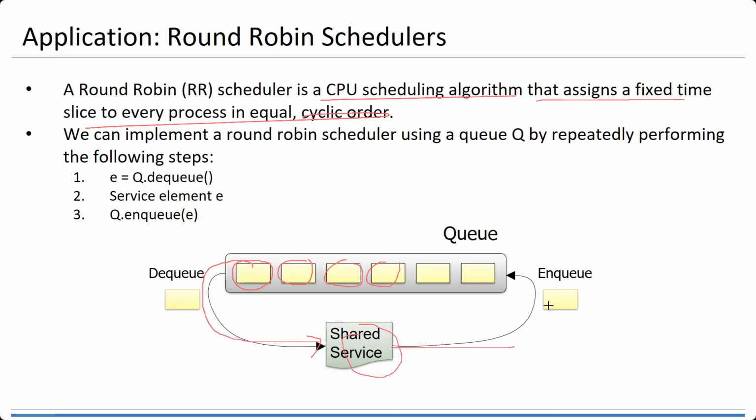After that, enqueue again, and then it goes back to this queue, and so on. So we call this the round robin scheduler. The implementation will be using dequeue and enqueue. Once you dequeue, it will go to the service, and after the service finishes, you will enqueue again. So this is the round robin scheduler.